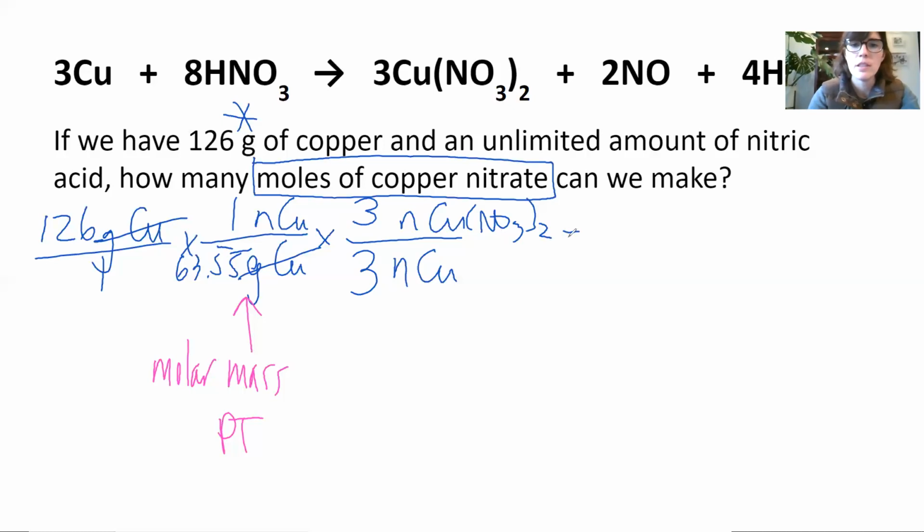Great. So now we have canceled out moles of copper. Are we at the unit that we want according to our question? We are. So basically 3 and 3 also cancels out, right? So what is the answer to this going to be? So type that into your calculators and see what you get.